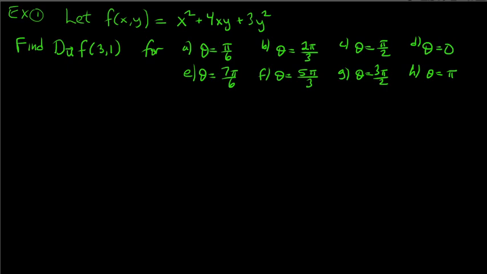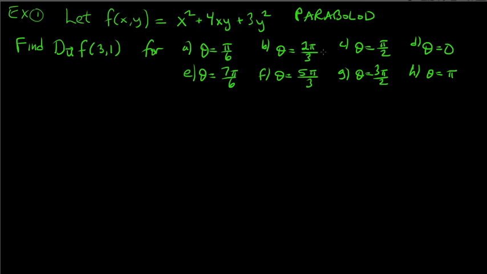Okay, so we have a function of two variables, right? And this is, well, it's just some quadric surface. In fact, I'm pretty sure it's a paraboloid, right? In a non-obvious way, because you get this combination of x times y.